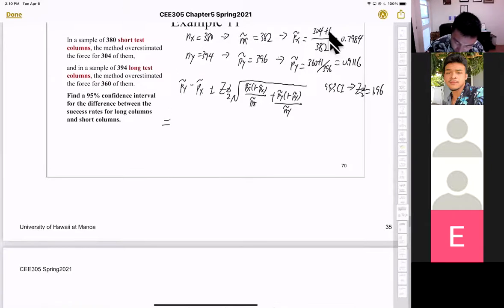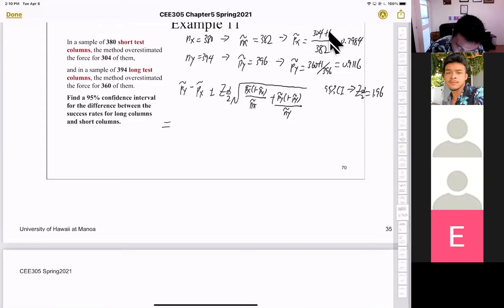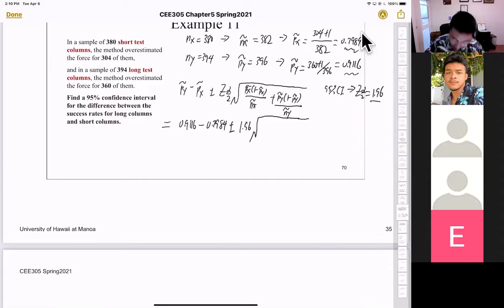All right. Then we can just plug in a number. Modify py is 0.91116 minus modify px is this much. Plus minus z half alpha is 1.96. Square root.